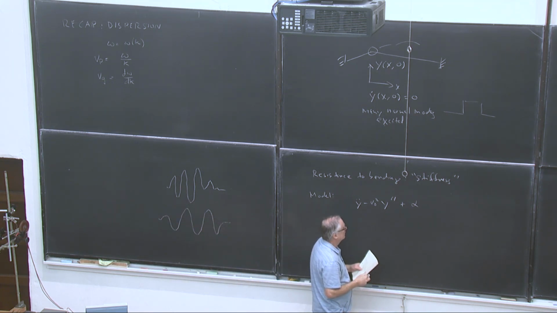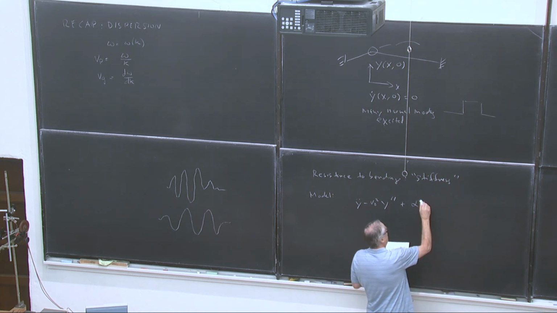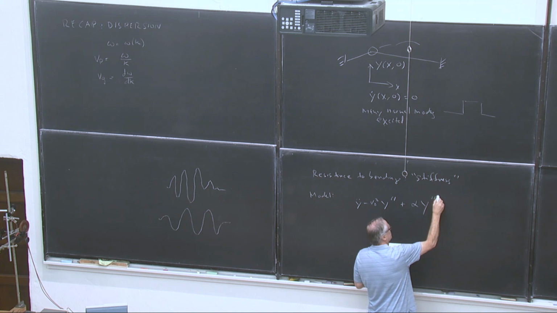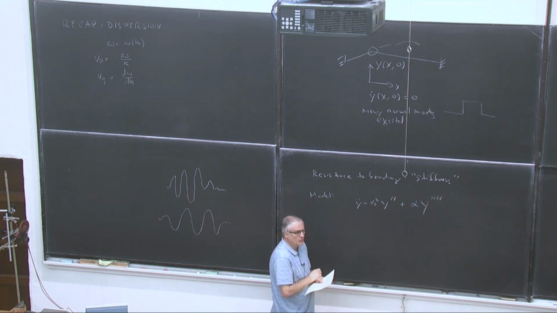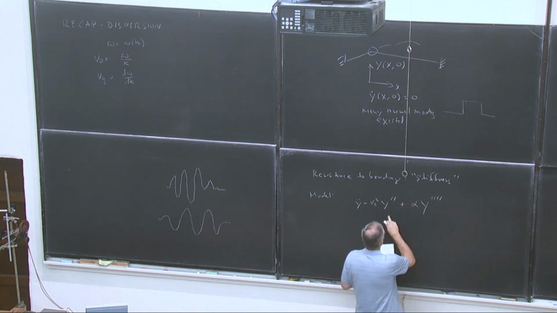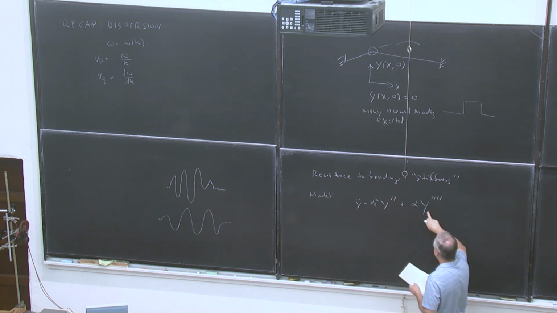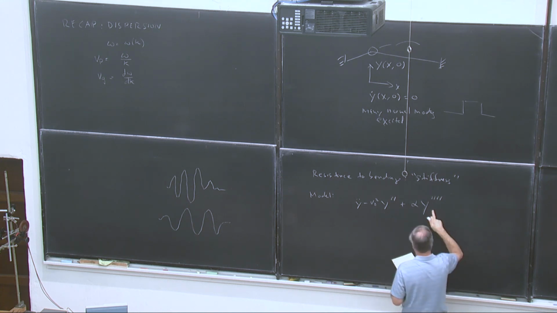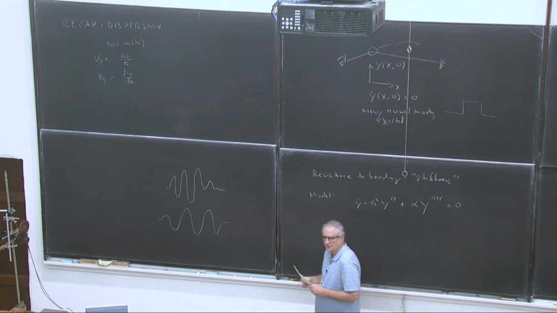I could add other features, but a simple model for the stiffness is that I have a term with a high derivative, and so I'll put a fourth derivative in here. So this is the second derivative with respect to position. I'm going to add a term with a fourth derivative. You can ask yourself why I do not use a third derivative.